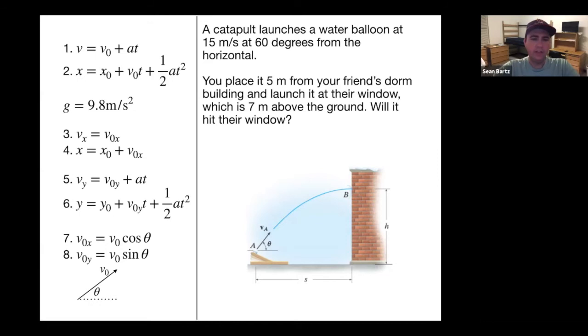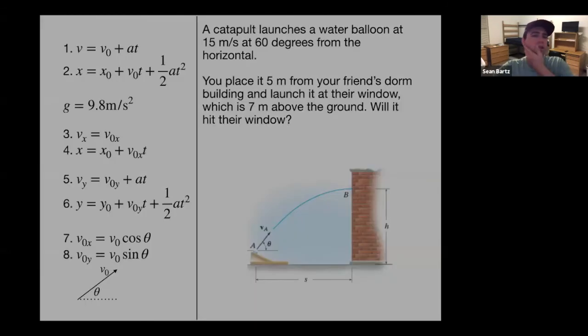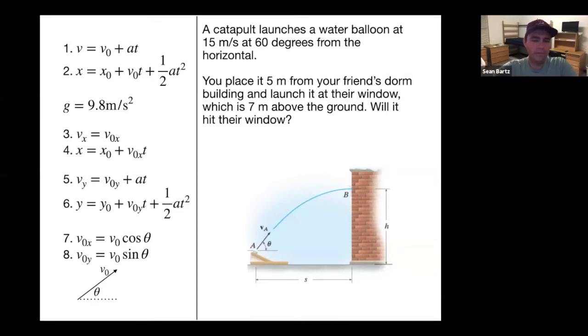But I don't know time. I can't use equation 5 to get that because I don't know the final velocity, vy. So I'll have to use equation 4 to get that, and I know everything else in that equation except time. I know the starting position is 0.